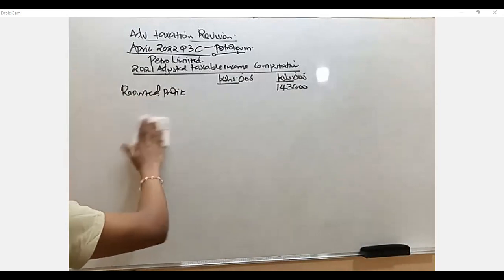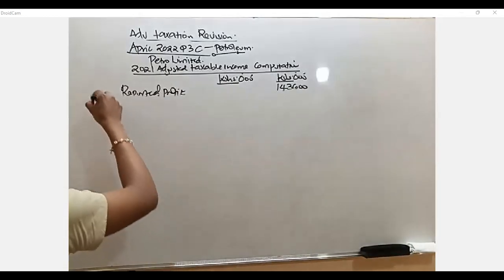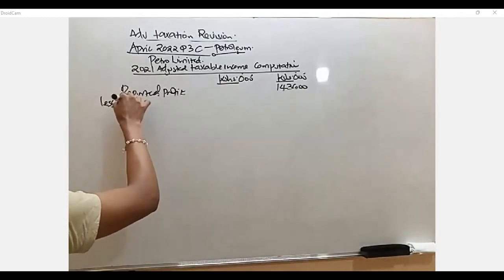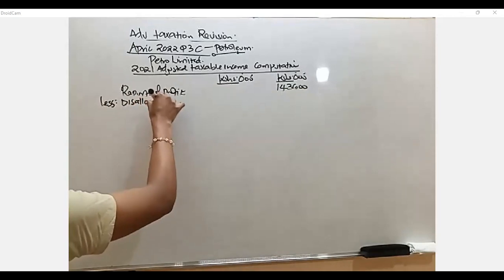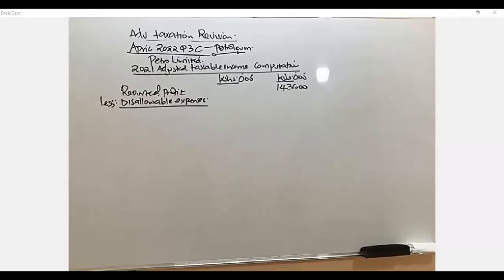Yes, thank you. Now, let us list disallowable expenses. Let me share my board so that we can look for any disallowable expenses. So what are some of the disallowable expenses which were deducted during the year?